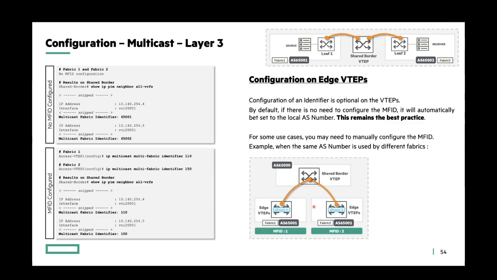In that case, if you still use the AS number as a multicast fabric identifier, the multicast traffic won't be forwarded between fabrics because all VTEPs will have the same identifier. So in this case, it will be mandatory to configure a different MFID, so multicast fabric ID, per fabric to be able to identify VTEPs and their fabrics from a multicast perspective.